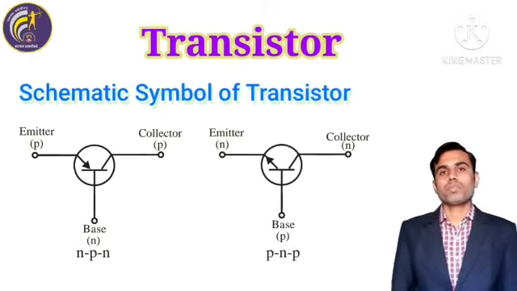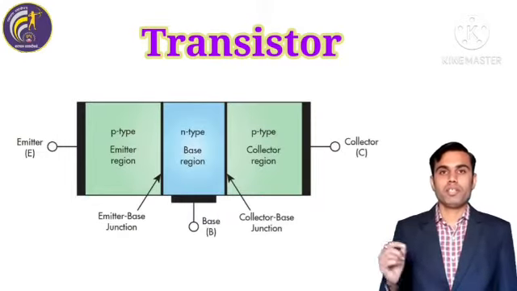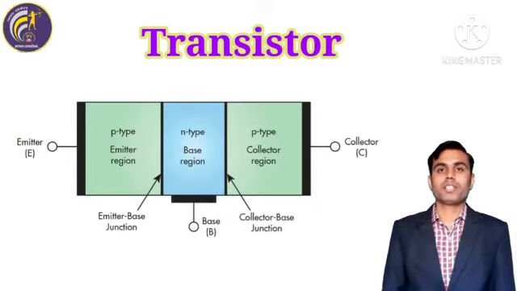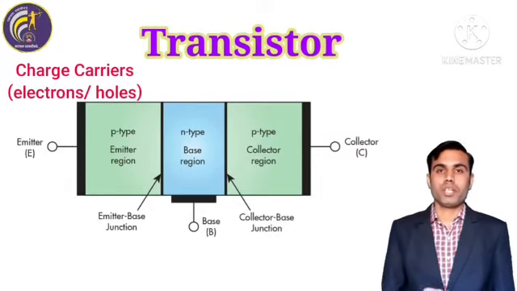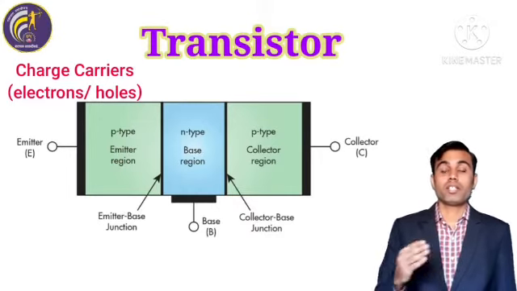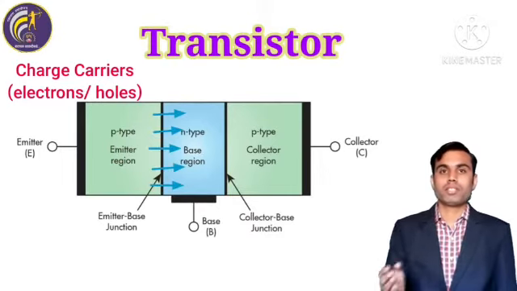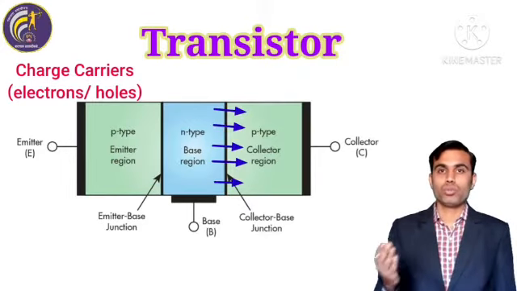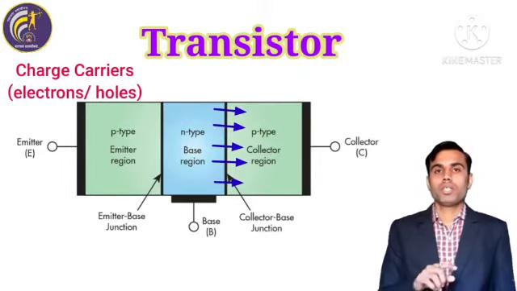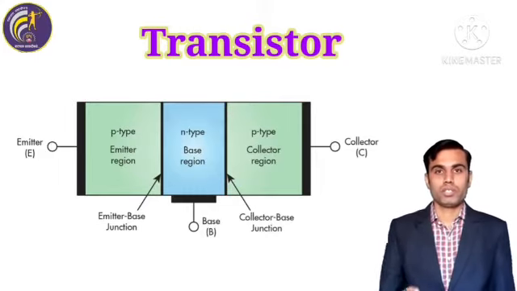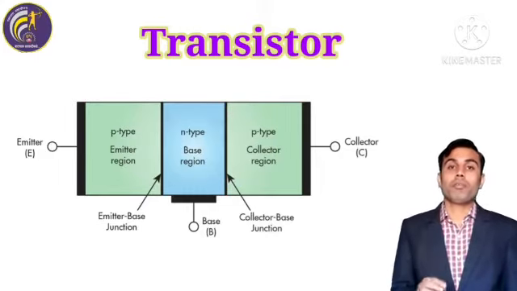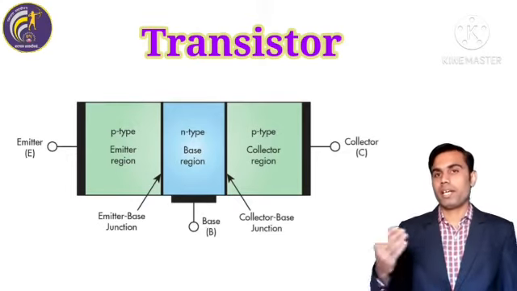So what is the role of the emitter in a transistor? It carries a large number of charge carriers, which are transferred to the base, and the base passes these charge carriers on to the collector. Current from the emitter is supplied to the base and collector.